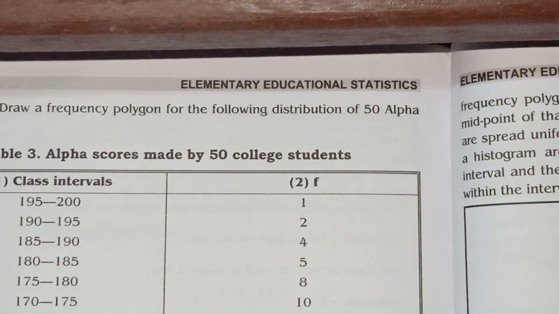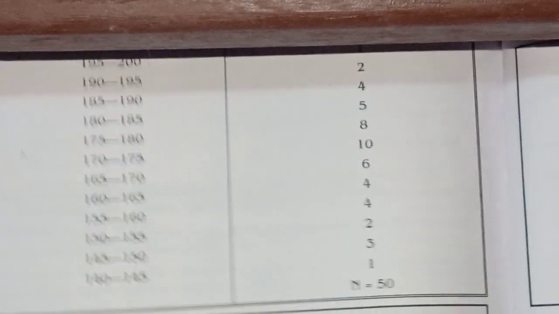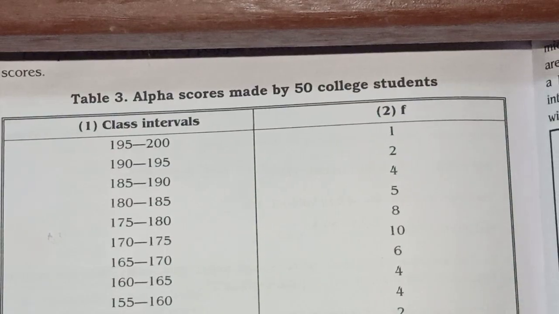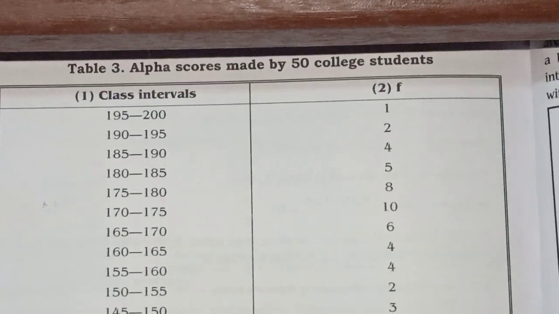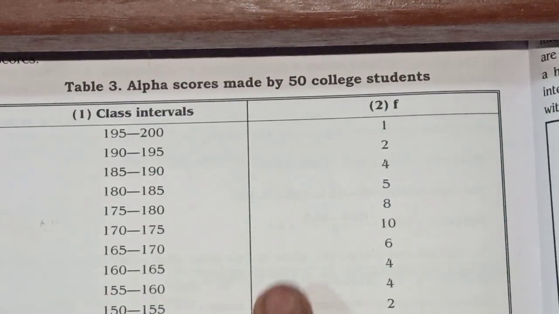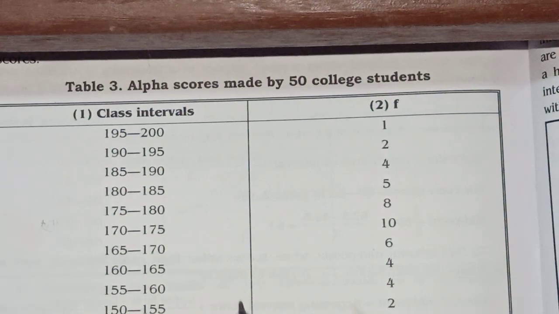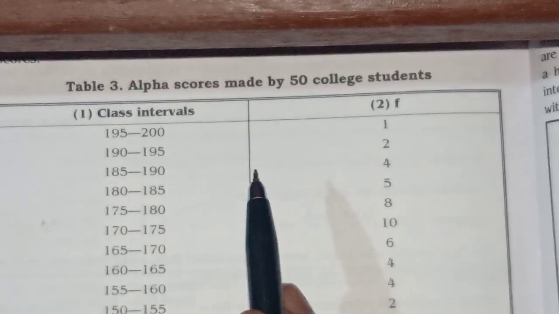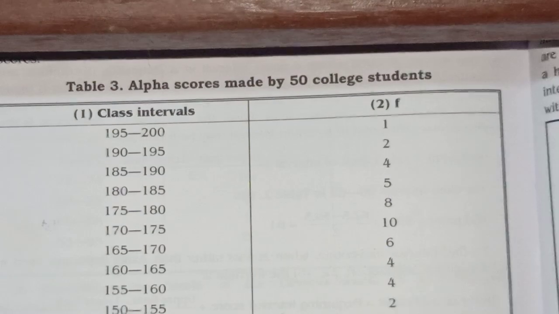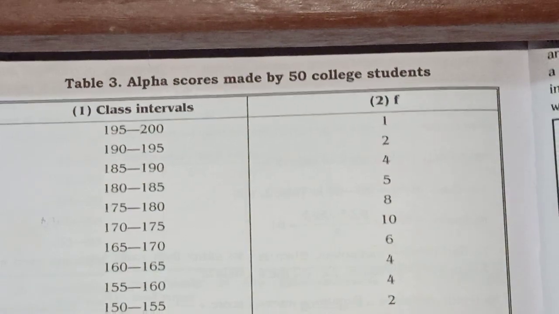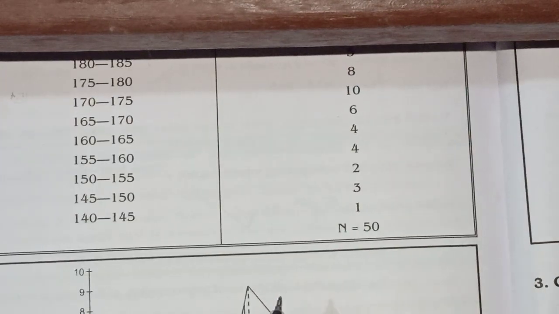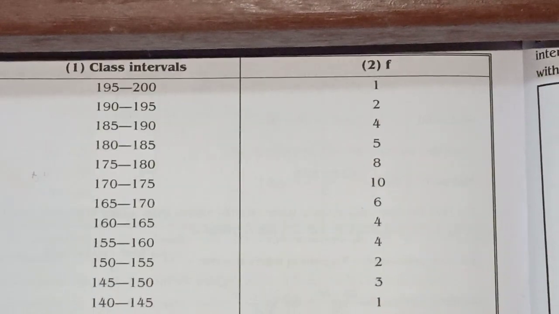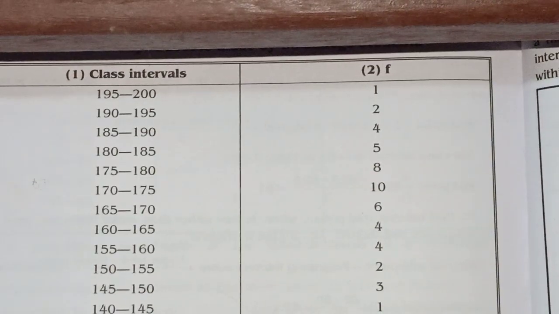Look, this is the data. These are the scores made by 50 college students, n is 50, and their scores are here in class intervals.